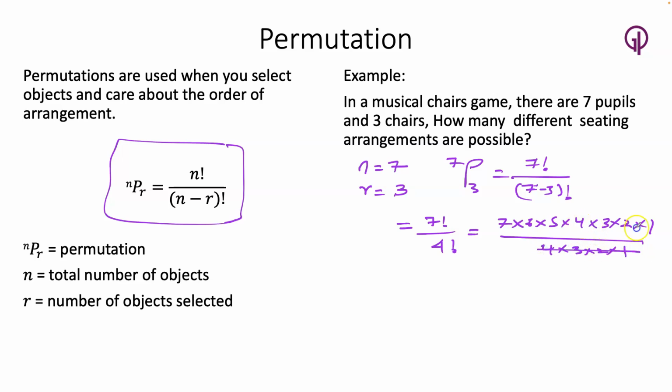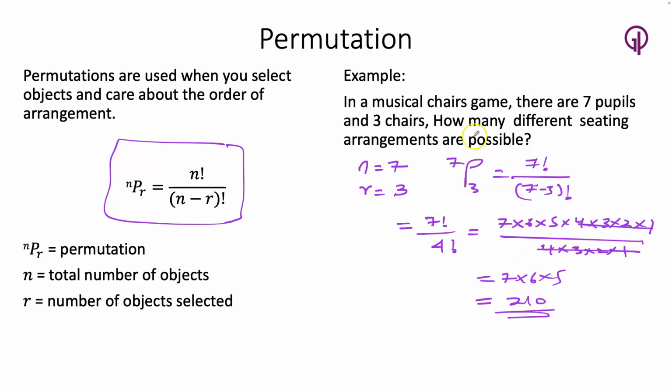This one will cancel this side. And then you have what? 7 times 6 times 5, which is equal to what? 210. So essentially, there are 210 different seating arrangements that are possible.